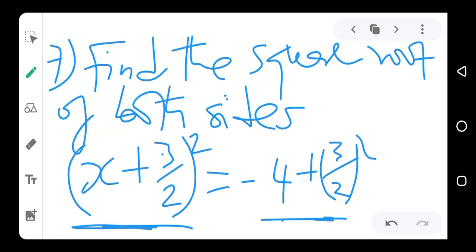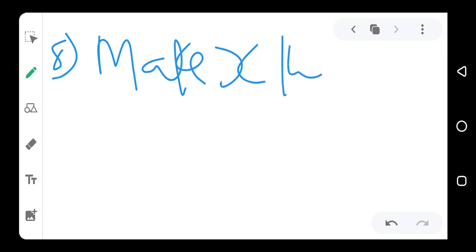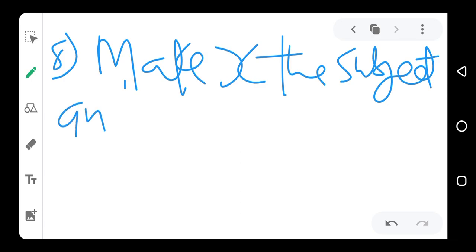That is step 7. Now in step 8, we make x the subject of the formula. We make only x to stand alone, and we solve. Step 8, make x the subject and solve.